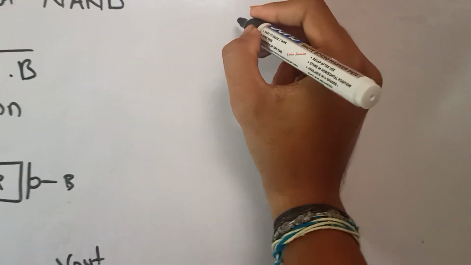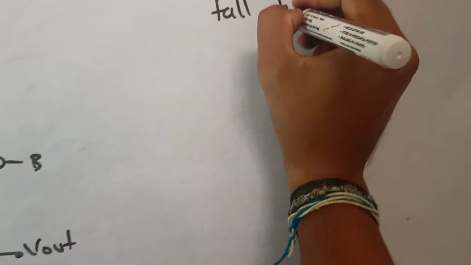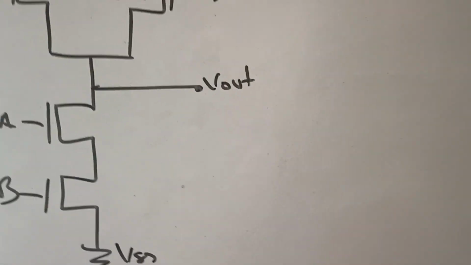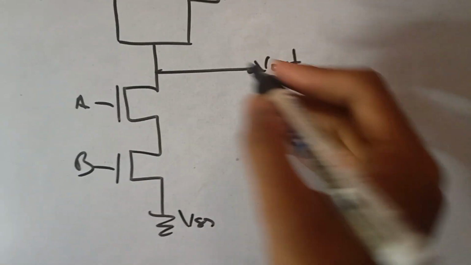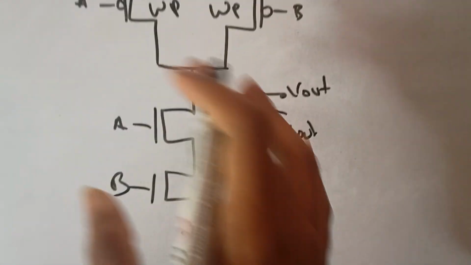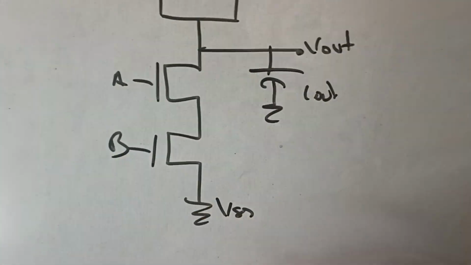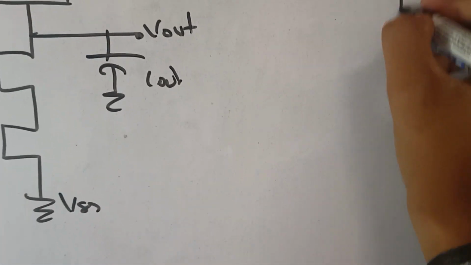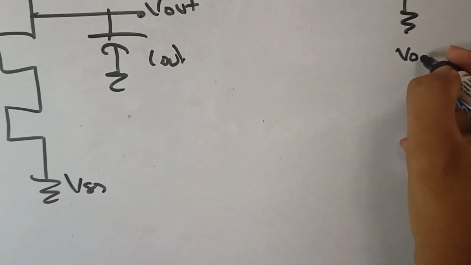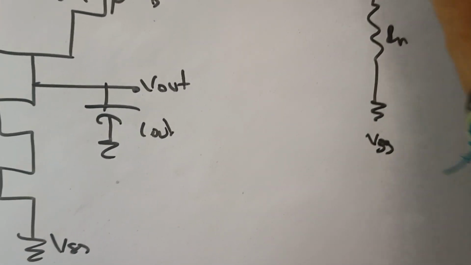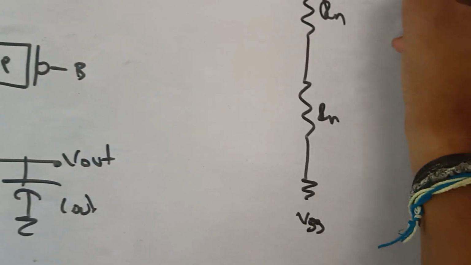Now let us do it for the fall time. For the fall time, let us consider the worst case here. For discharging of the Cout capacitance, both the conditions A and B must be on. So what will be the worst case? VSS, RN, RN, Vout.